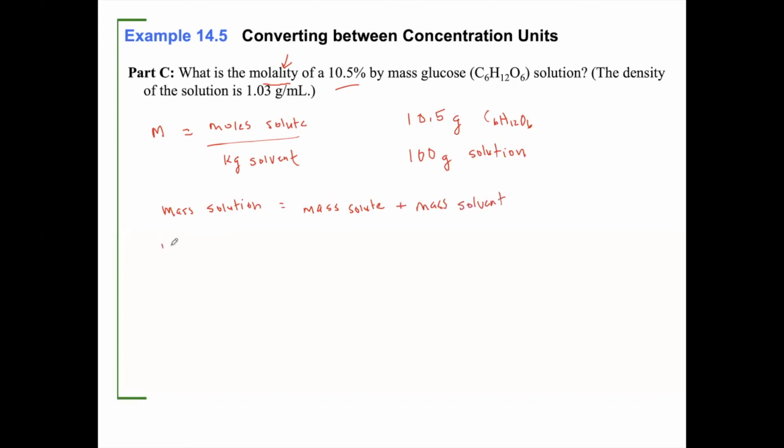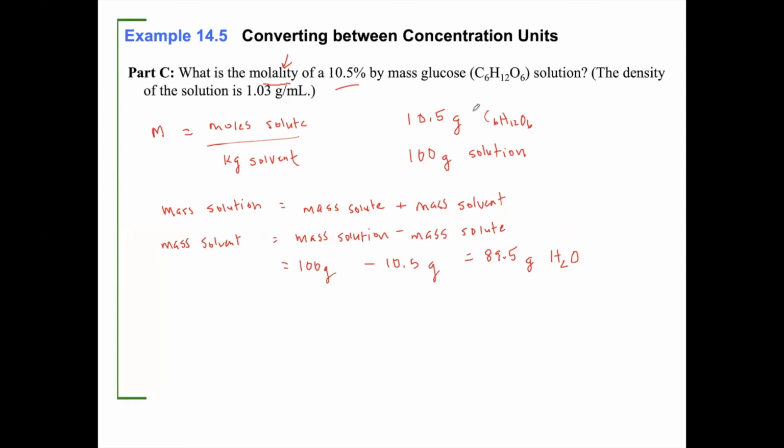Okay, so the mass of the solvent is just subtracting the mass of the solute from the overall mass of the solution. Okay, so that is just going to be 100 grams minus 10.5 grams. So that is 89.5 grams of water.